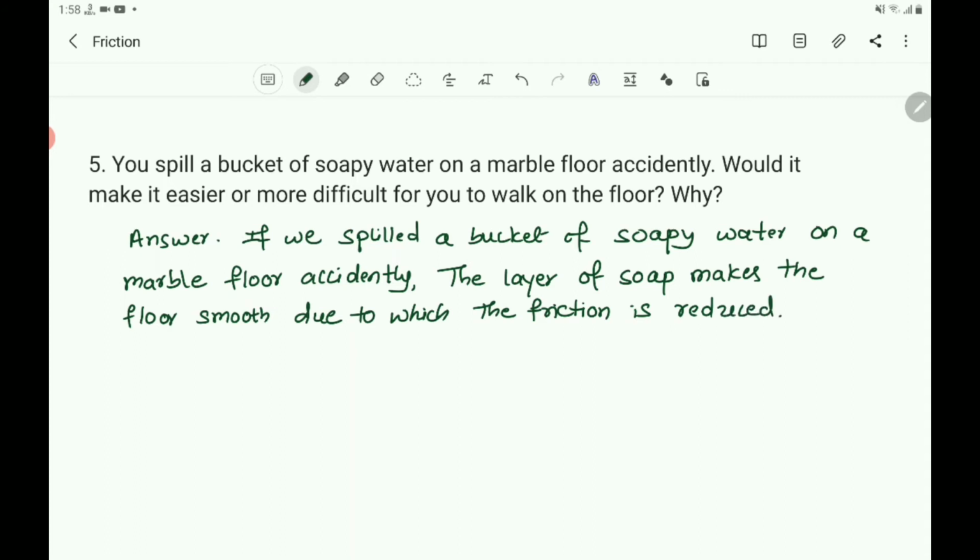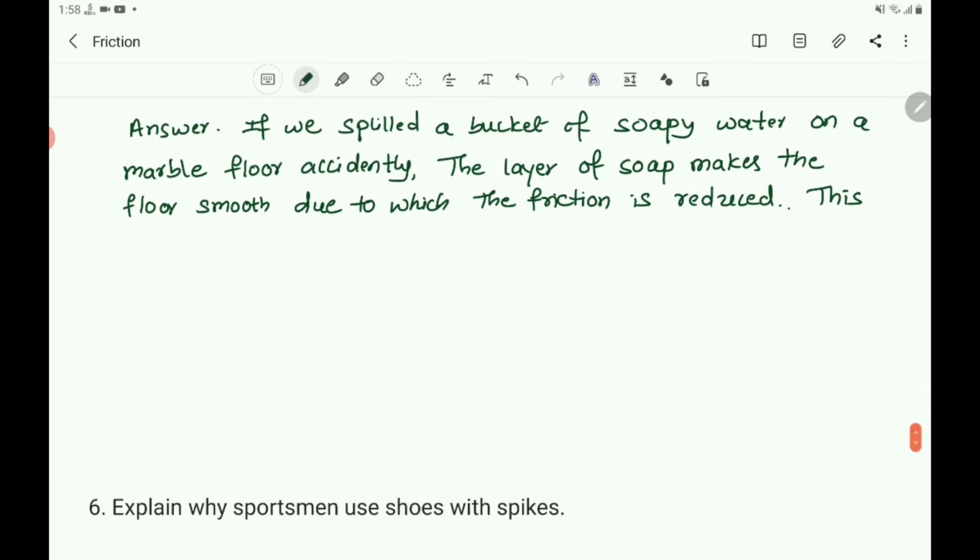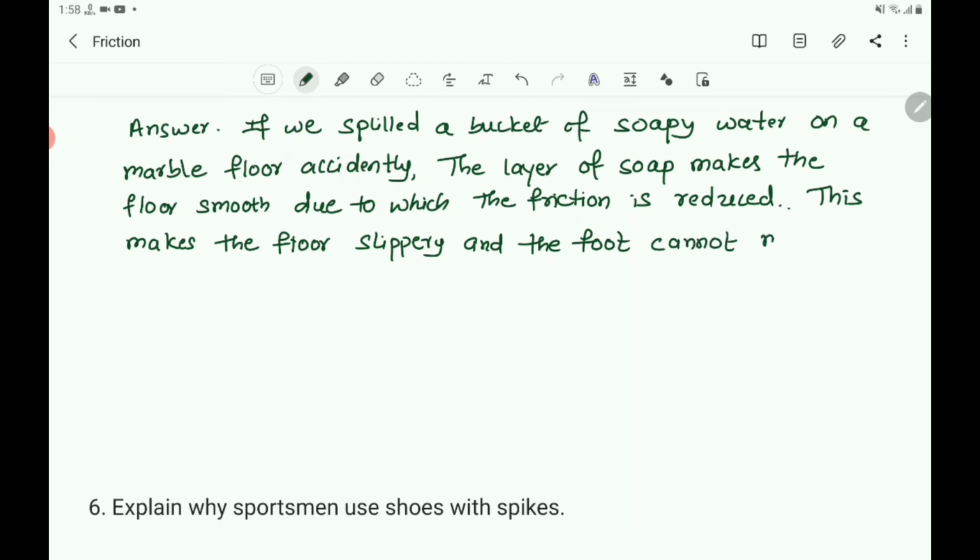Friction is reduced. This makes the floor slippery and the foot cannot make a proper grip on the floor.